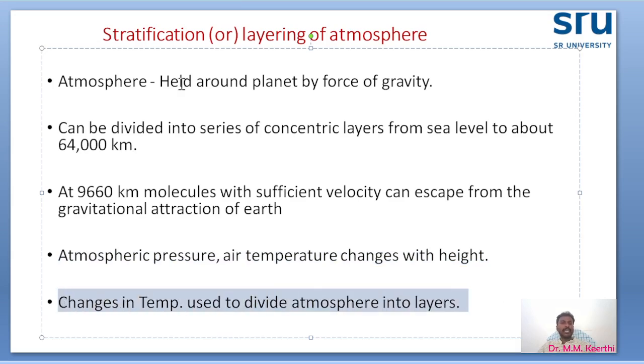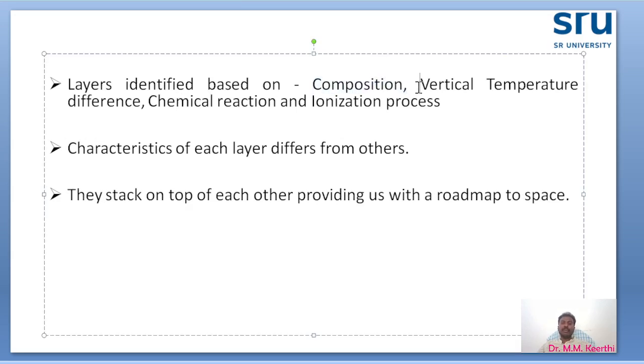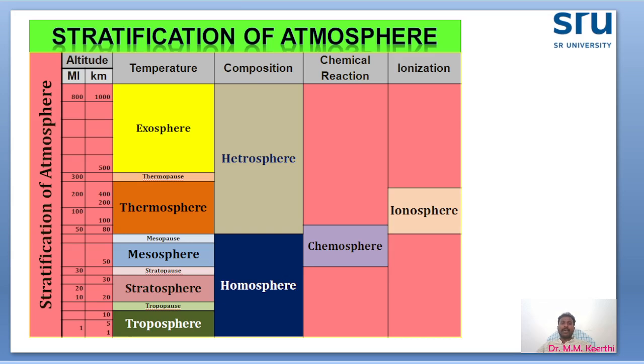Based on the composition, the vertical temperature difference, and the chemical reaction and ionization process, we divide the different layers. Because of the atmosphere, it acts as a road map up to space.